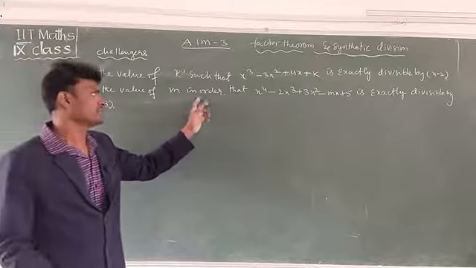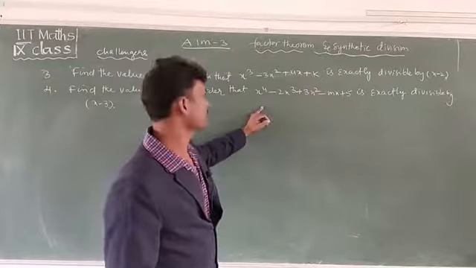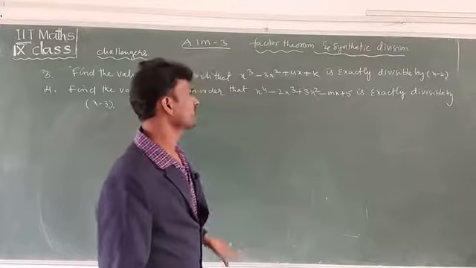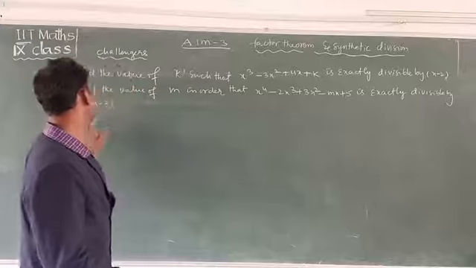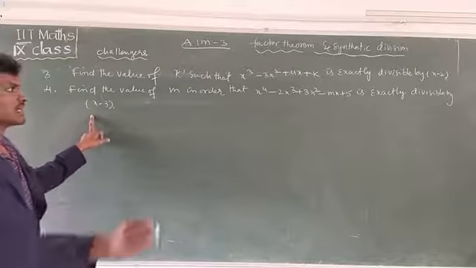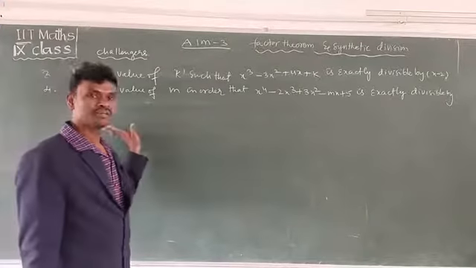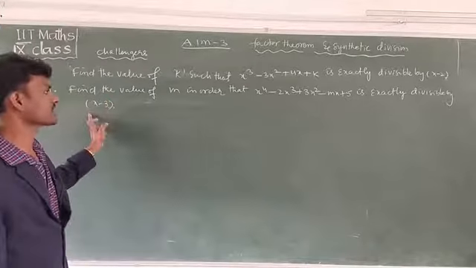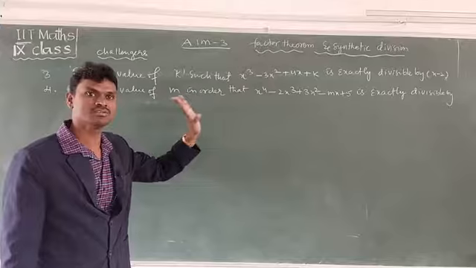Find the value of m in order that x to the power of 4 minus 2x cube plus 3x square minus mx plus 5 is exactly divisible by x minus 3. Here also same conditions. X minus 3 is exactly divisible means it is a factor at the same time its remainder is equal to 0.